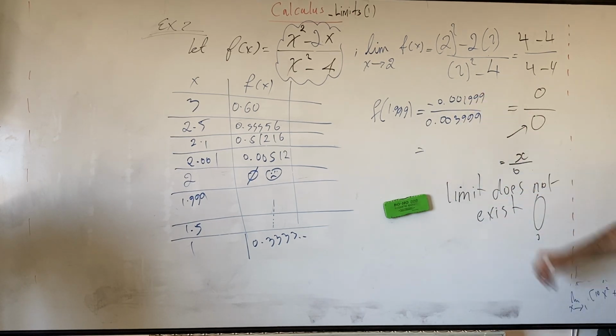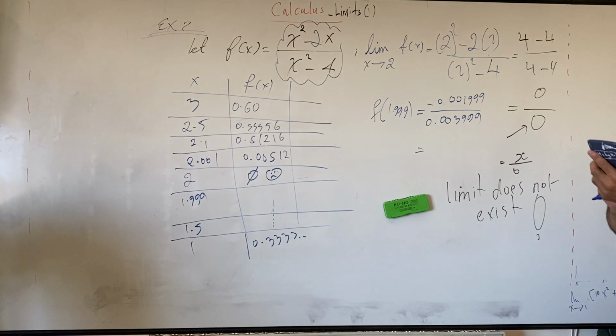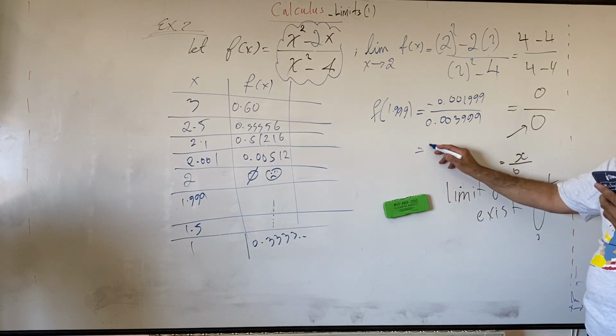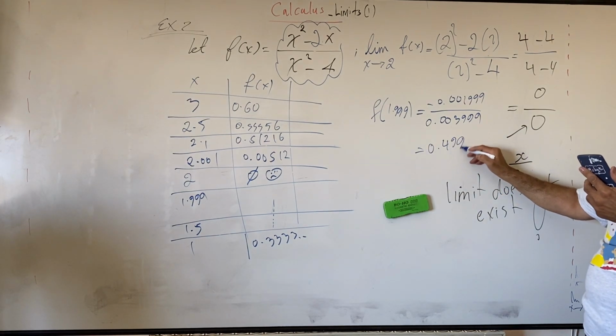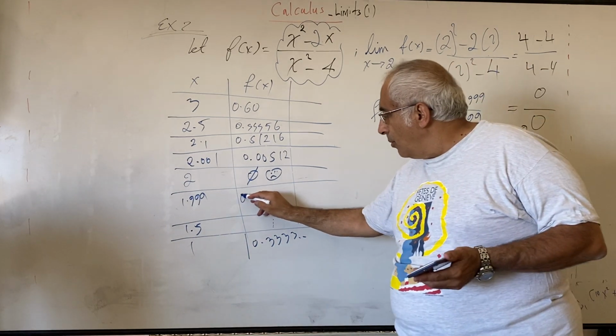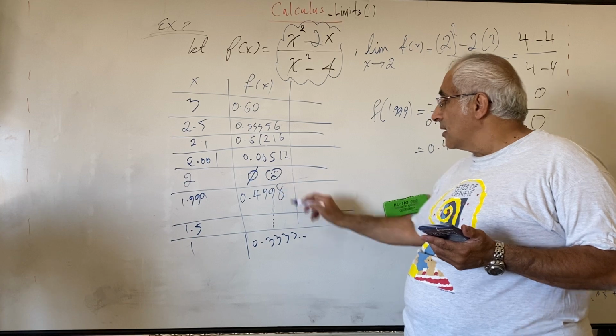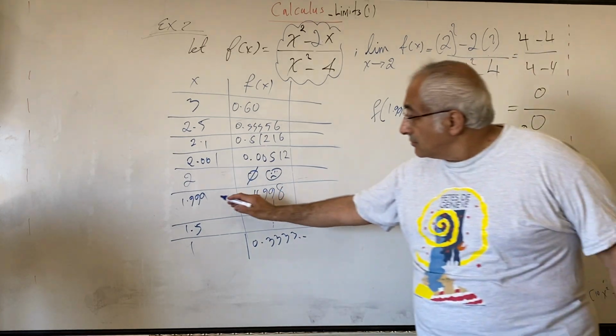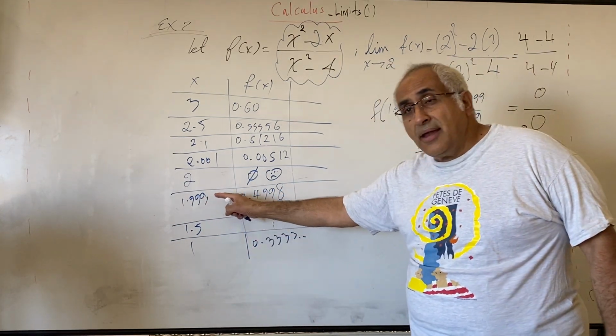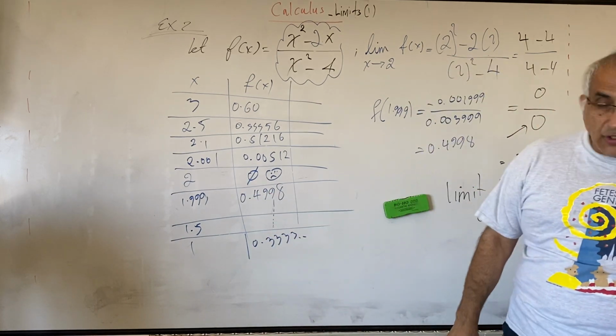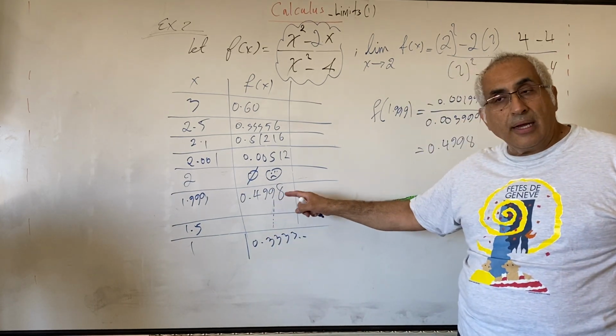What happens when you divide those two? Let's try again. Negative 0.001999 divided by that answer, and guess what I'm getting here? Something like 0.4998. And if I've taken 1.9999, what happens? This number is coming in so close to 0.49999.